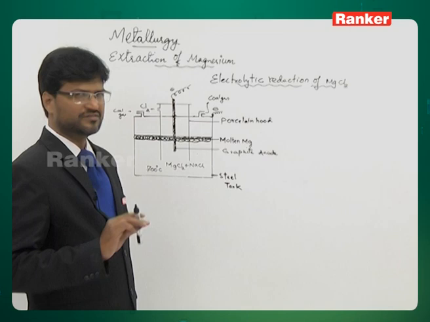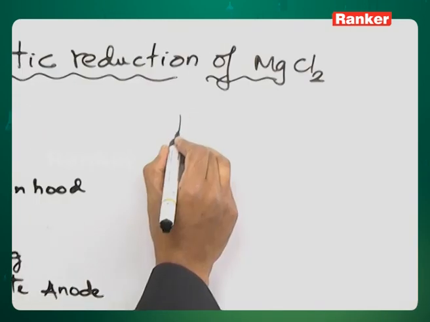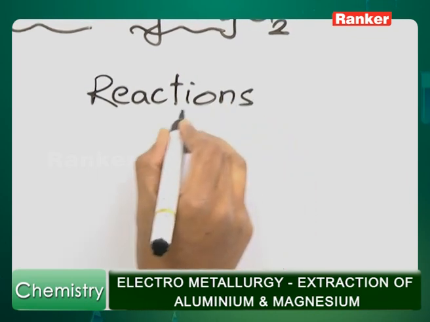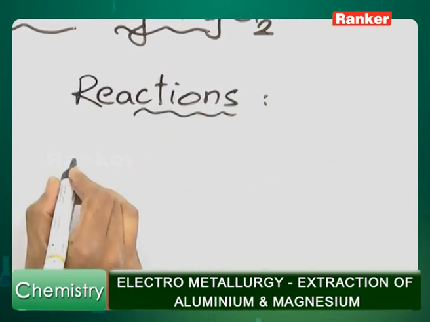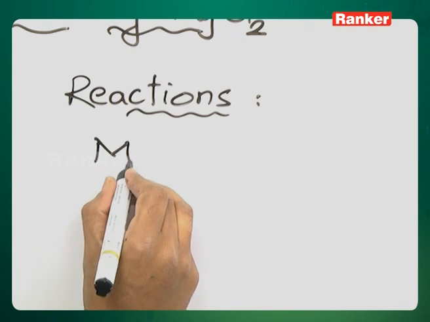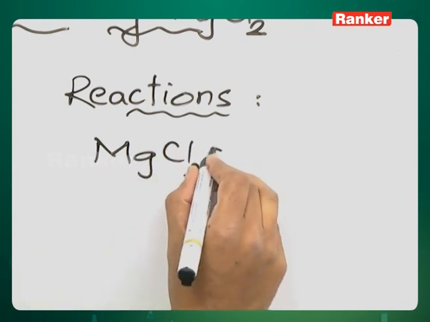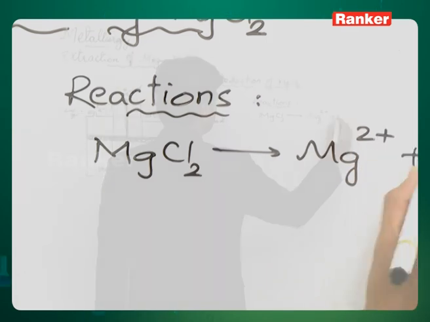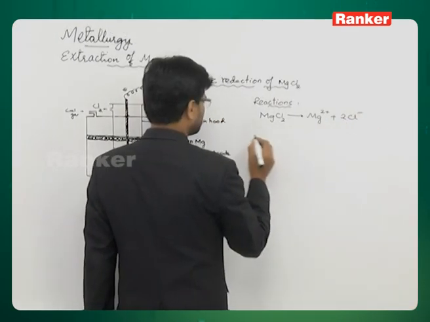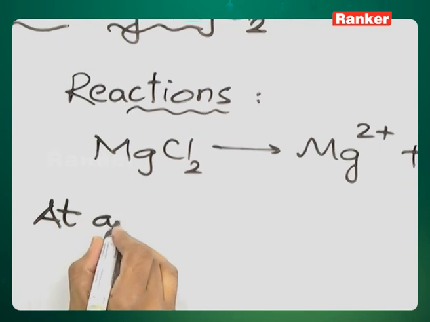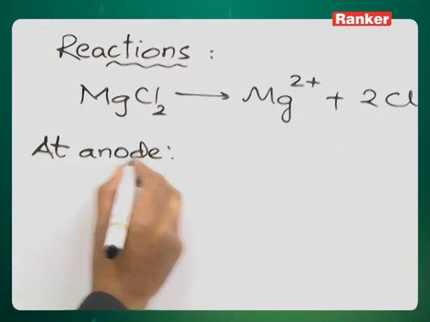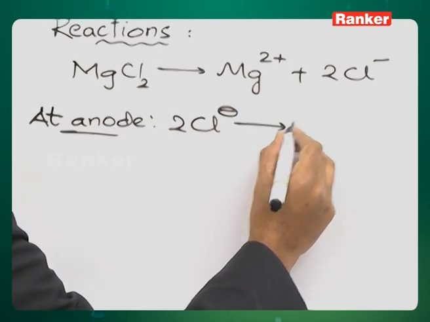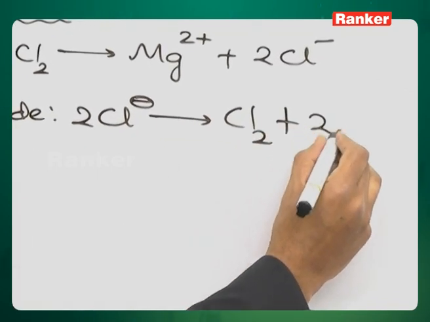Let us look at the reactions which take place during electrolysis. MgCl2 dissociates into Mg2+ and Cl-. At anode, Cl- undergoes oxidation. Oxidation means loss of electrons.